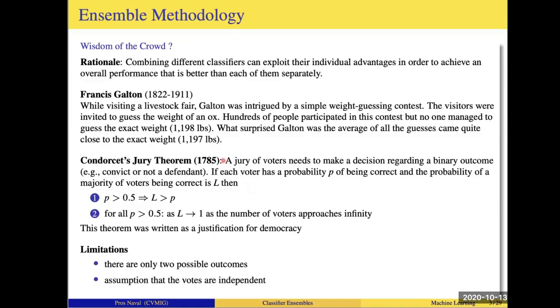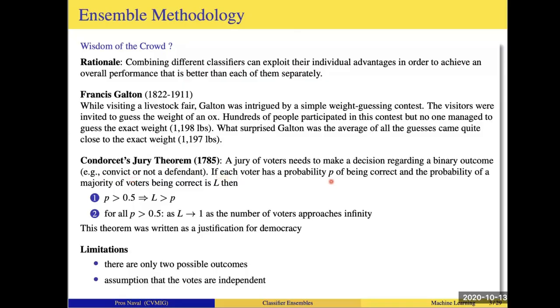So to be a little bit more formal, we have the following. A jury of voters needs to make a decision regarding a binary outcome, for example, to convict or not a defendant.